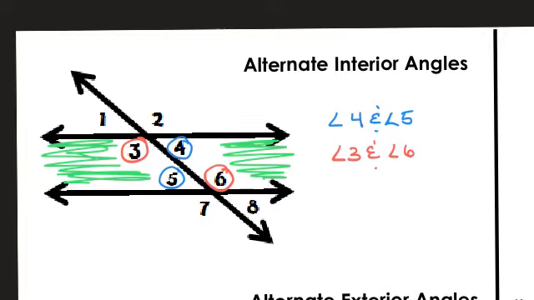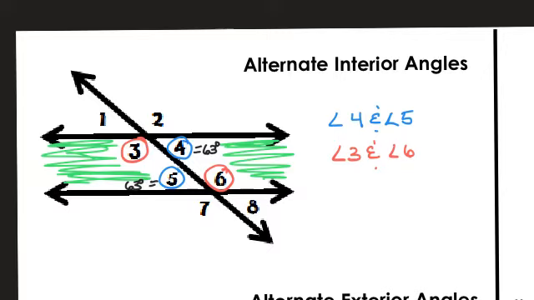So why do I need to know this? Well, if I tell you that angle 4 is 63 degrees, then I know that angle 5 is also 63 degrees. If I know that angle 5 is 63 degrees, what's angle 6? Well, I know it's a supplementary angle.